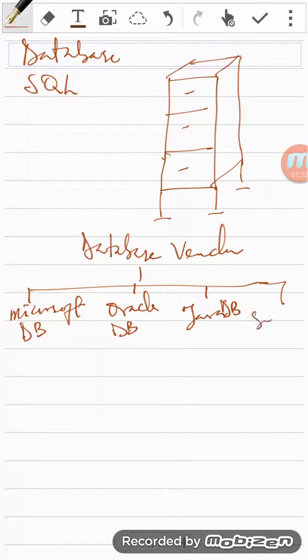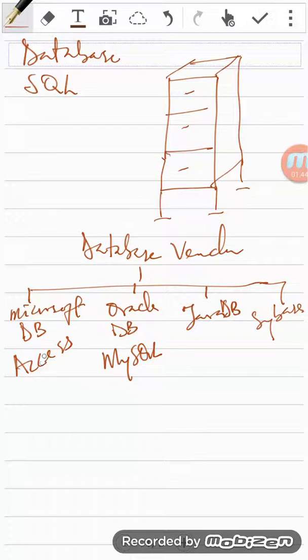We have the Sybase. Oracle, as well as some other lightweight databases, which is popularly known as the SQL, just as Microsoft also has its own lightweight database, which is popularly known as Microsoft Access.